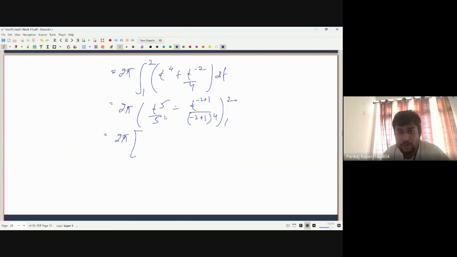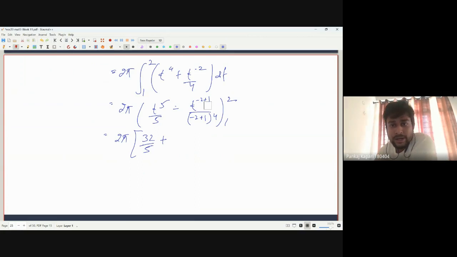Okay. So if you put 2, then you have 2 to the power 5 divided by 5. So what is 2 to the power 5? Is 32. And in the denominator you have minus 1, right? Minus 2 plus 1 is minus 1. So in the denominator you have minus 4. That will become plus.